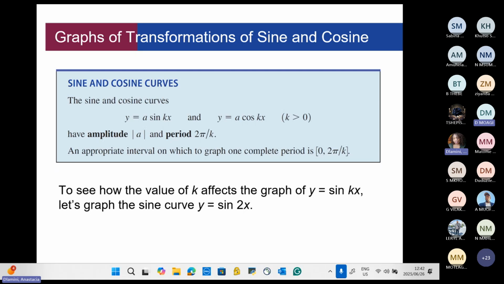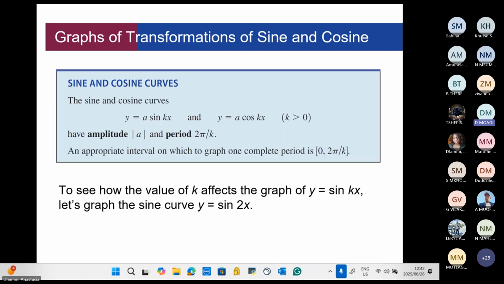So now there's one thing. Remember, you know what a complete period of a cosine function is, and you know what a complete period for a sine function is. You don't just draw from negative infinity to positive infinity, because you'd be drawing for the rest of your life. There's an appropriate interval on which you have to start one complete period.